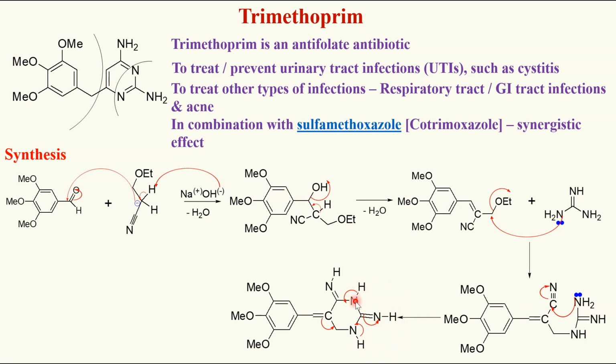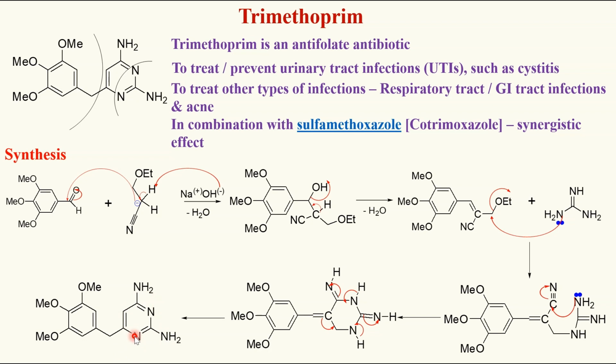Similarly, the nitrogen hydrogen bond breaks over here and forms the double bond, and the pi electrons move towards the adjacent nitrogen and that combines with H plus over here and it becomes amino. The aromatization should occur owing to its stability. Thus, it gives 2,4-diamino-6-trimethoxybenzyl pyrimidine, the trimethoprim.